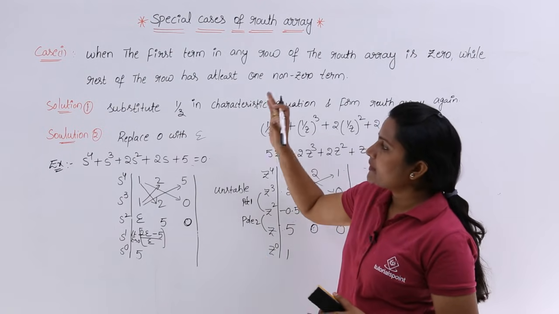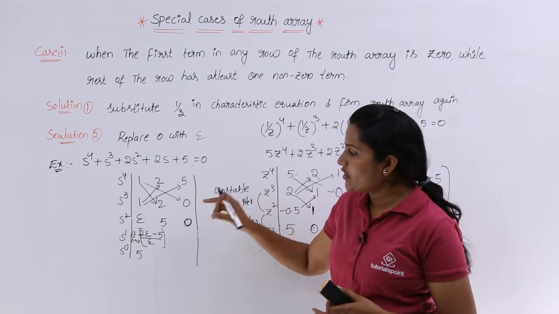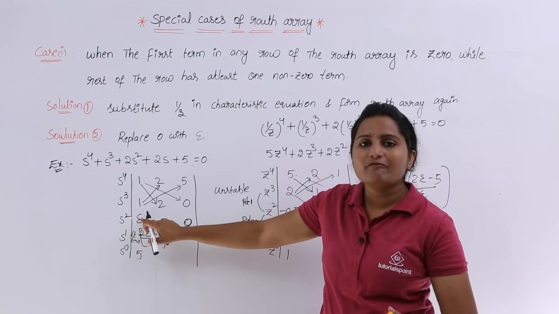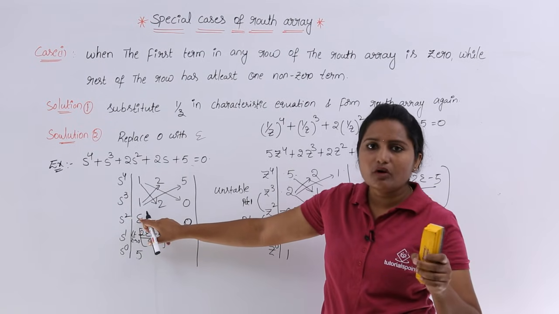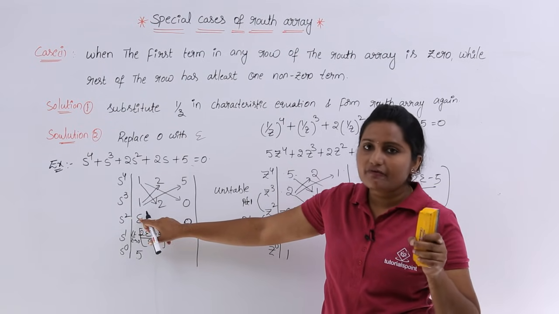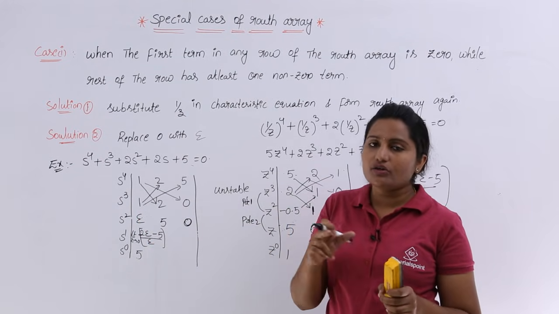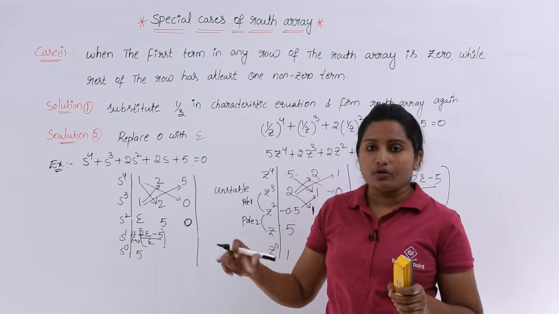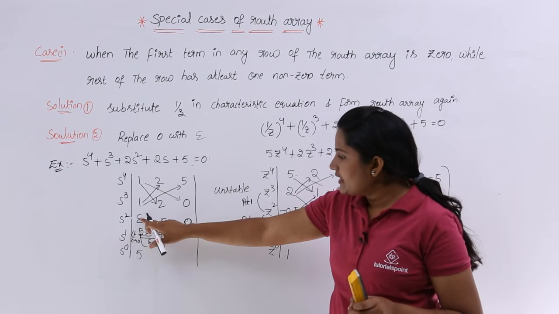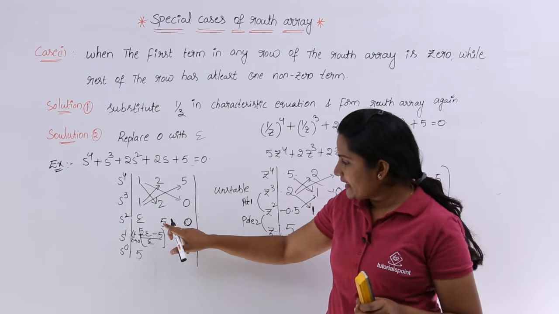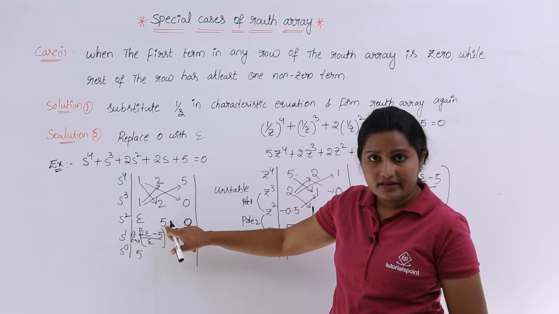Here is the condition you need to apply: whenever the first term of your row is 0 and you have at least one non-zero element in the remaining row. If you observe this row, here you got 0, and at least one non-zero element is there.